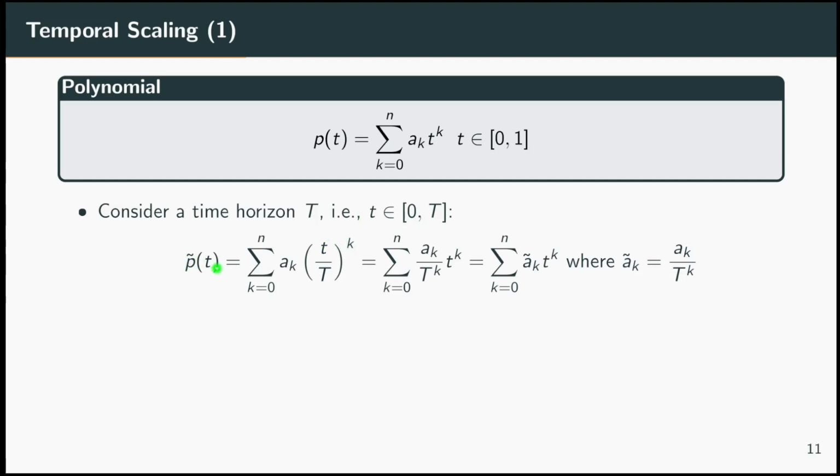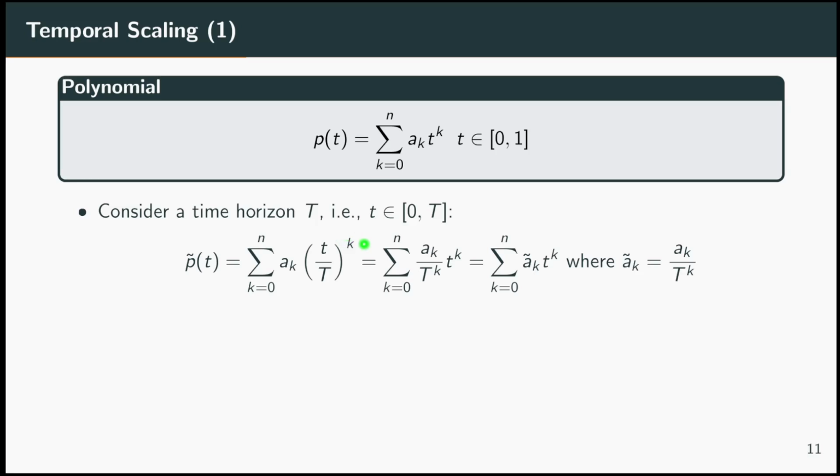And so we get this p tilde, and then we just replace that original t we had before by t over uppercase T. You can see this term again: if the previous t is between 0 and 1, the new t is between 0 and T, because we normalize by T, we again get in this bracket some value that's between 0 and 1.